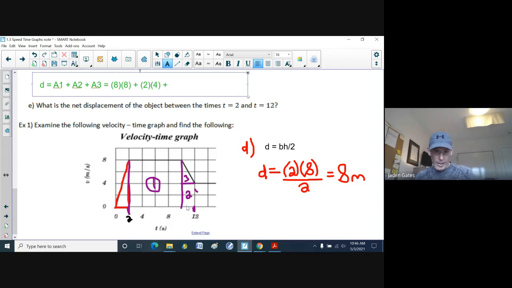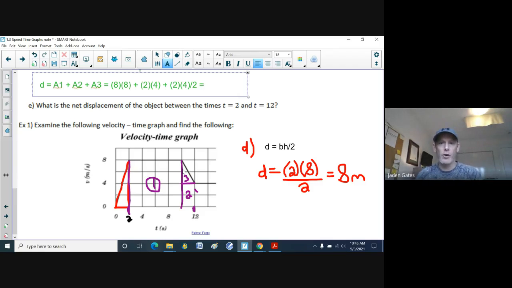The base is that little area along the bottom here. That's only 2 seconds wide, so my base is 2. Height, it starts at 4 and goes up to 8, so that's got a height of 4. And then, of course, I have to divide by 2.